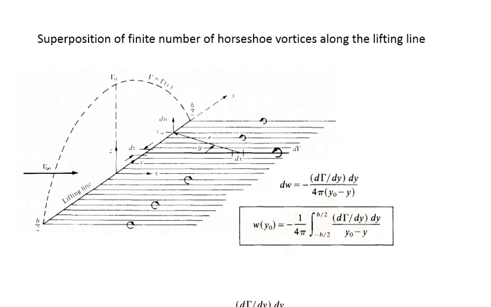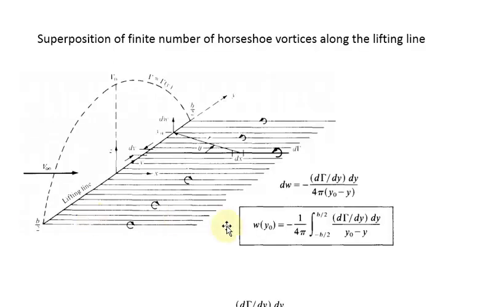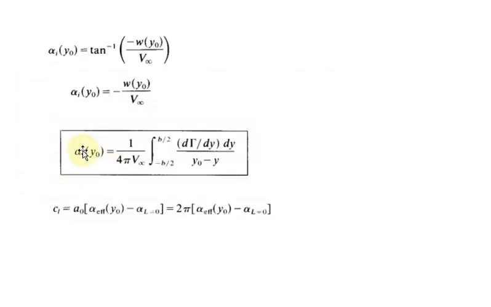So when you come to the induced angle of attack, the formula will be 1 by 4 pi v infinity times gamma by h. In these cases again the minus will be available. So for the induced angle of attack because of the downwash, we already derived the downwash equation here. So we are comparing this downwash equation into your induced angle of attack equation.